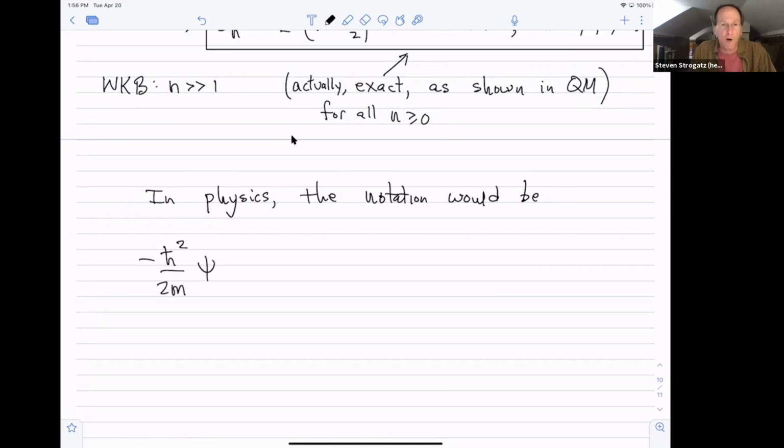The thing we've been calling y is always called psi, the wave function, psi double prime, plus the potential v of x times the psi wave function is E psi. So this thing is called the time-independent Schrodinger equation.